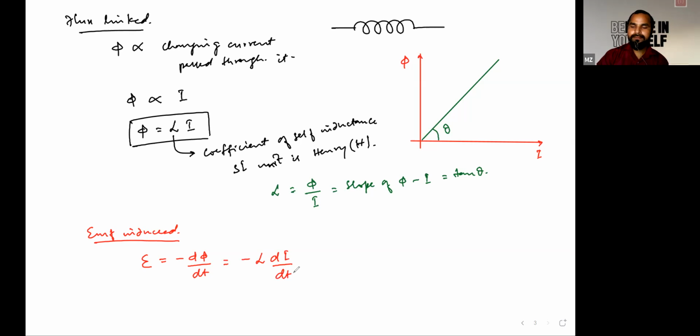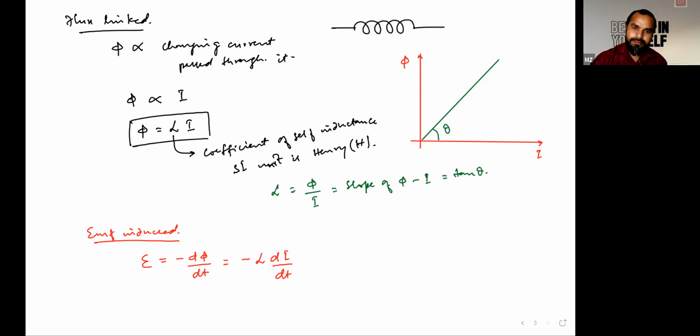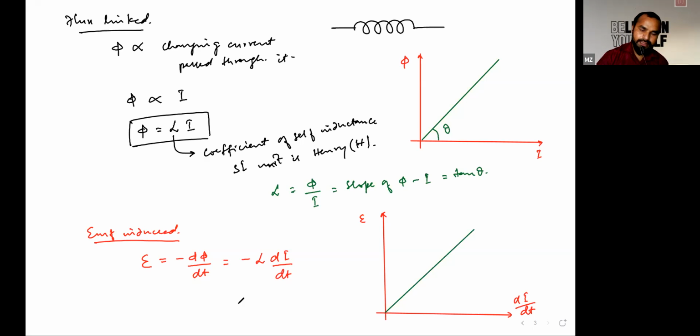Is it clear? Yes. Again, if I draw a graph for this, this is your EMF and this is your di over dt. These two are directly proportional to each other, so the graph between them would be a straight line again. If you rearrange, you get L equals EMF divided by di over dt, or the slope of this graph.